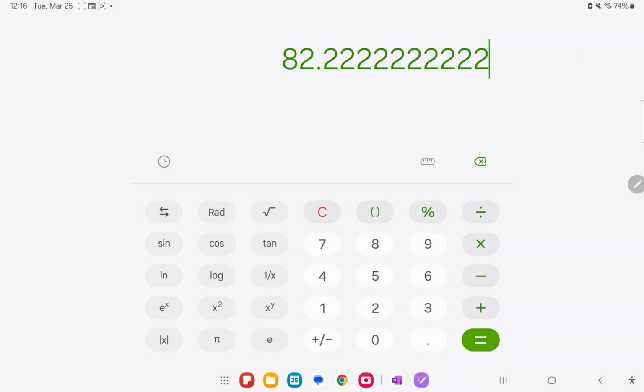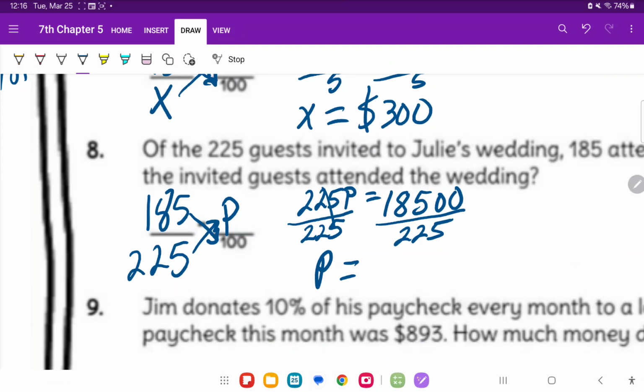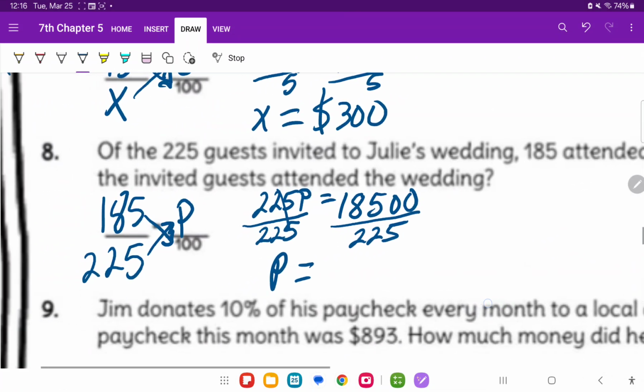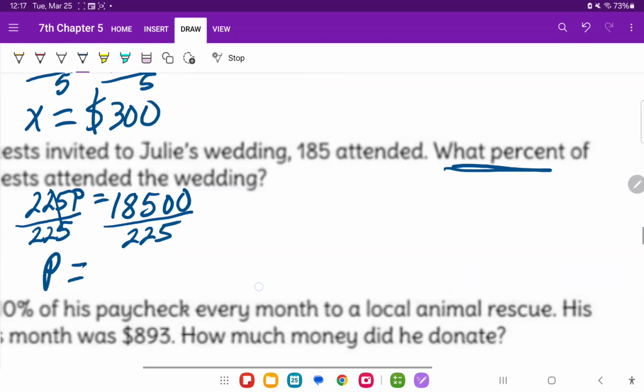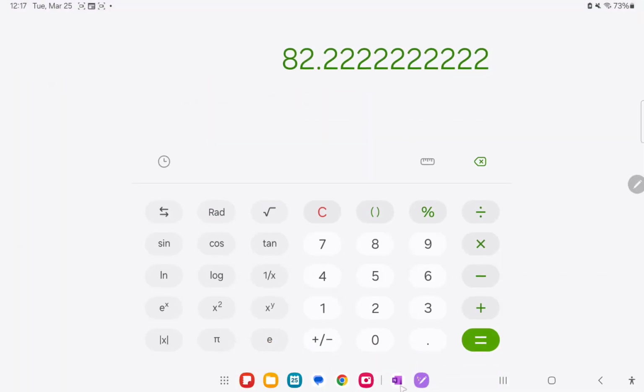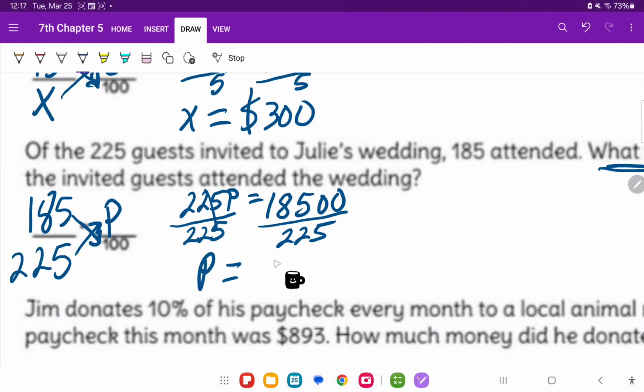All right, let me check my numbers. What percent, right? So we did 185, 225, 18,500. Okay, and so we're going to round that. Let's round that to 82%.